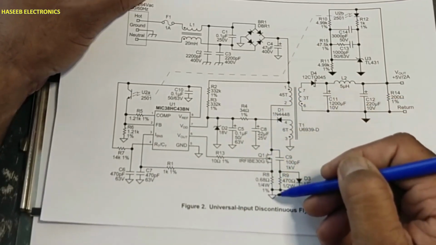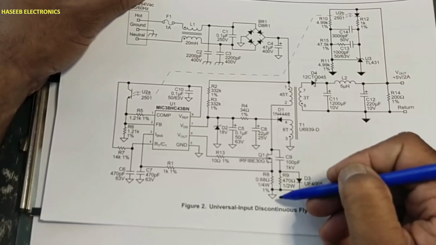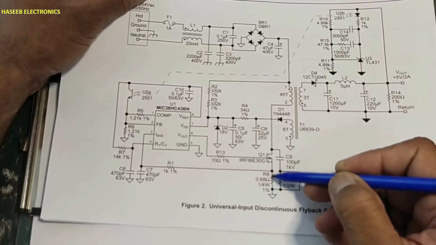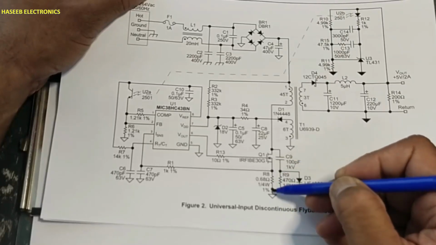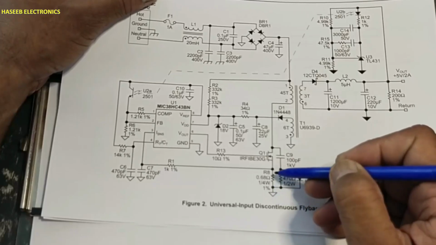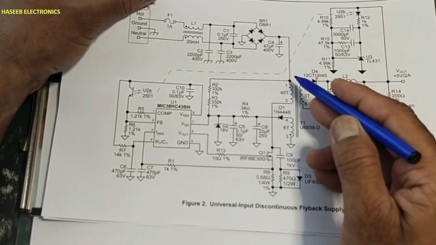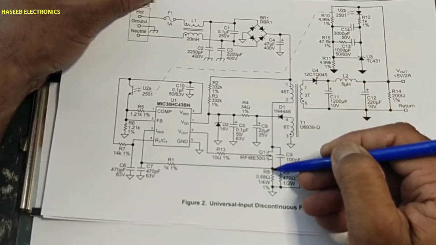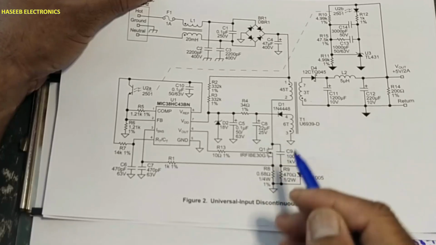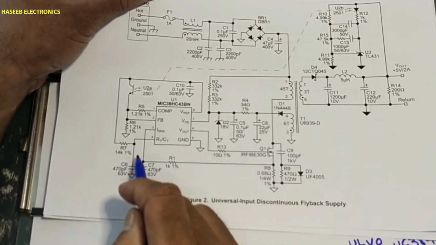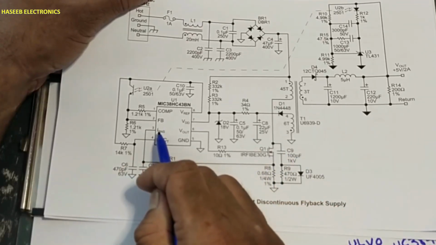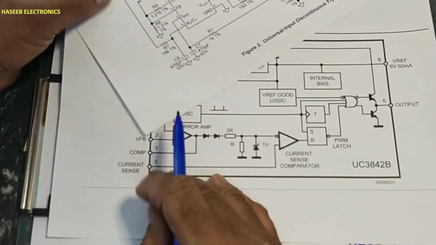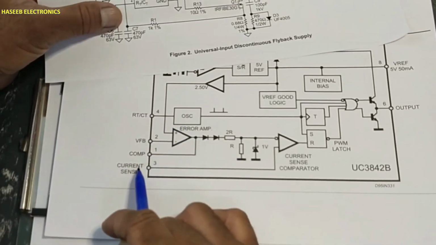The same amount of current will cause to drop voltage in this resistor that is connected to the source pin. We can say how much current is flowing in this MOSFET and transformer that is causing to drop voltage in this resistor. This voltage is provided to I sense pin, that is current sense pin, that is this one.